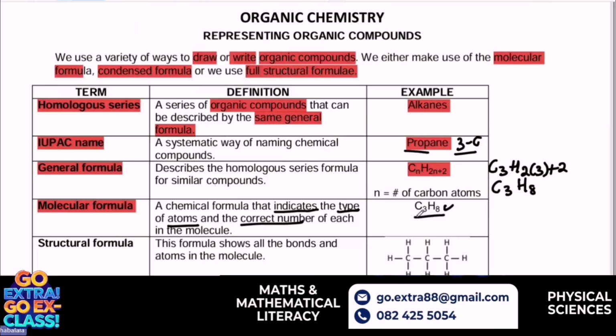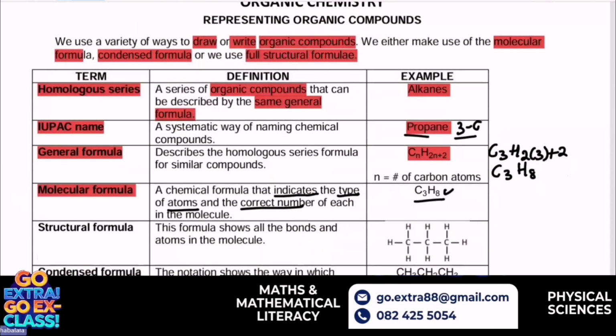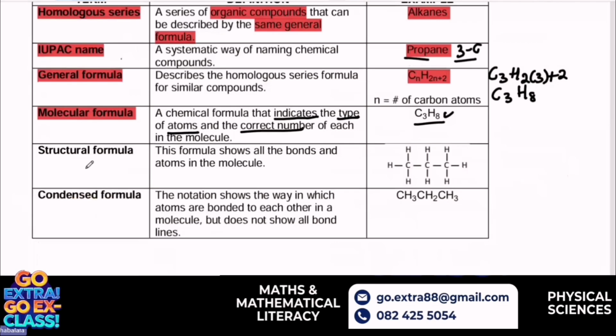And then the correct number of carbon in that molecule is 3, and the number of hydrogens is 8. So that's how we write a molecular formula. It shows us the types of atoms and the correct number of those atoms.